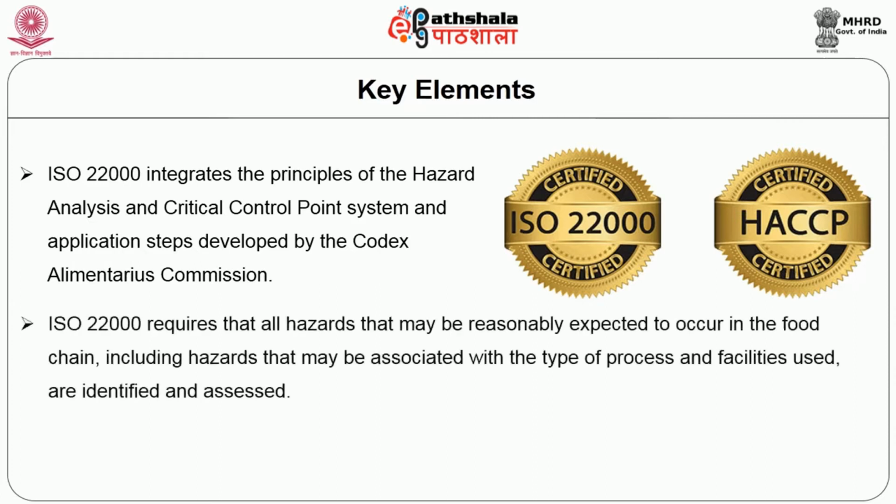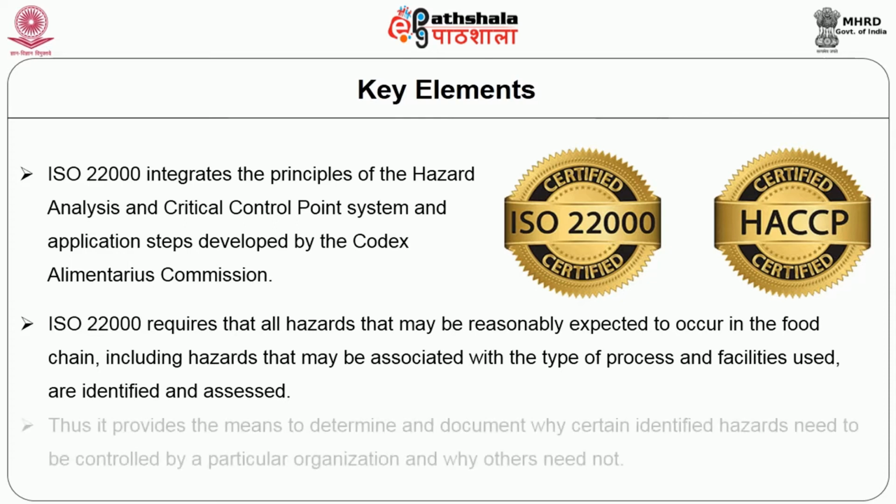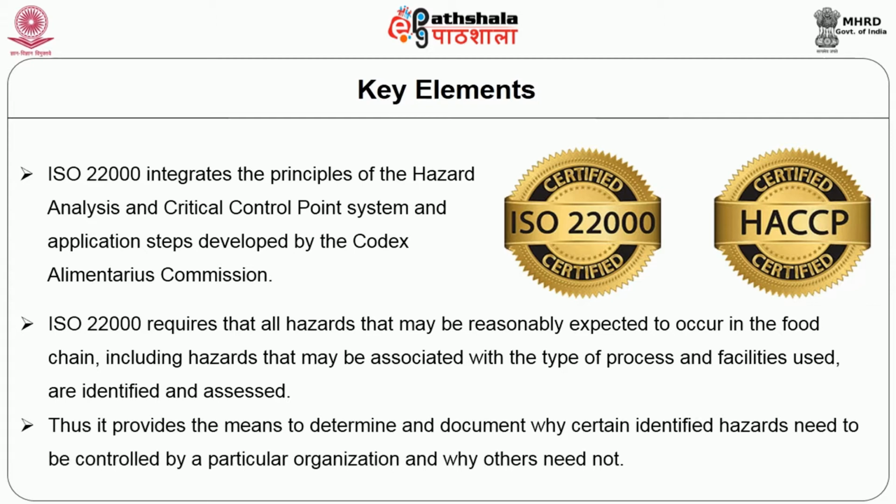ISO 22000 requires that all hazards that may be reasonably expected to occur in the food chain, including hazards that may be associated with the type of process and facilities used, are identified and assessed. Thus, it provides the means to determine and document why certain identified hazards need to be controlled by a particular organization and why others need not.